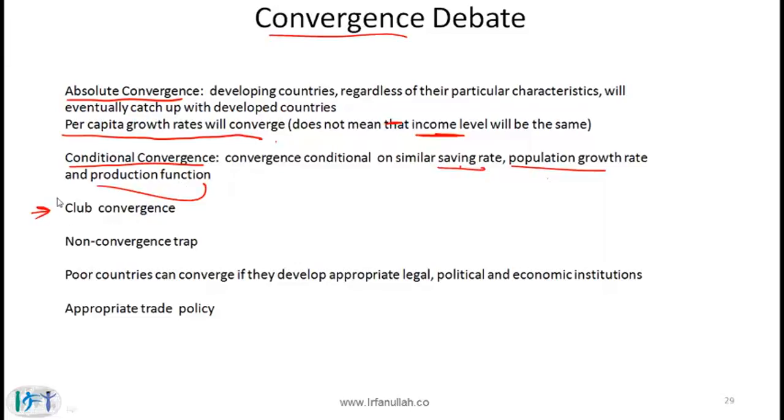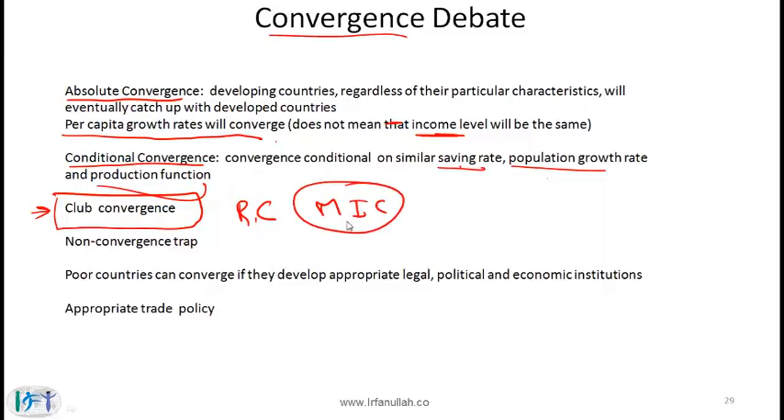Next concept is that of club convergence, which basically implies that you have certain rich countries and certain middle income countries which will converge. So these middle income countries are those whose growth rates will eventually converge with the rich countries.